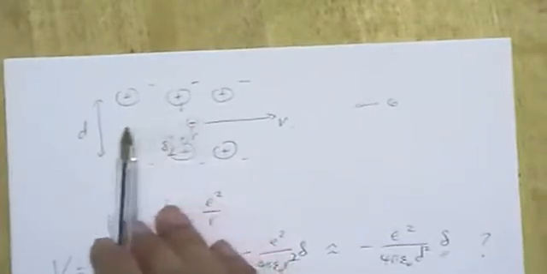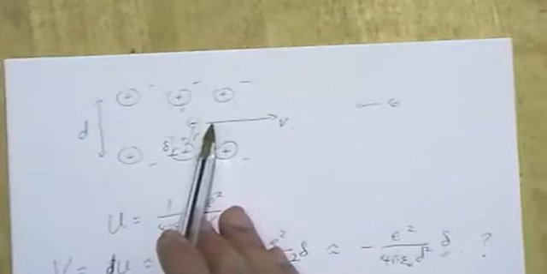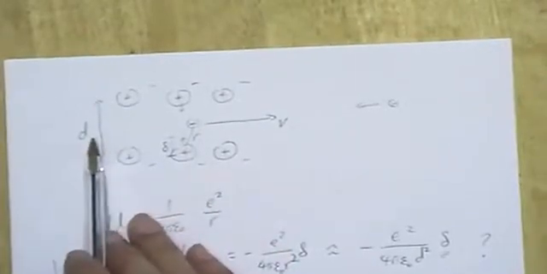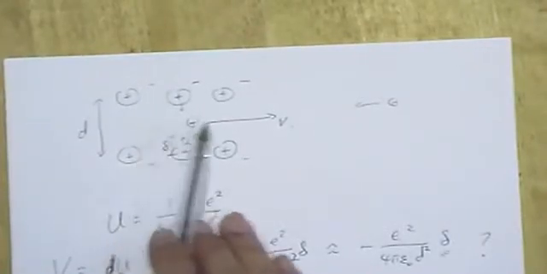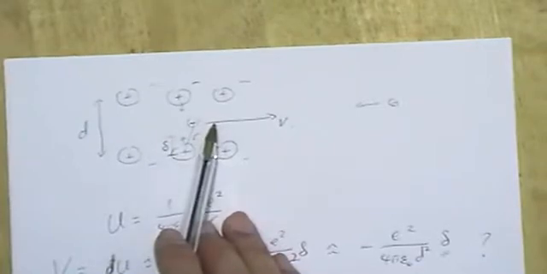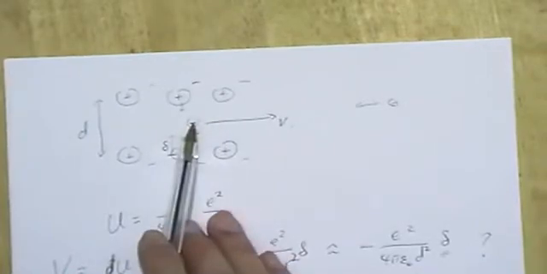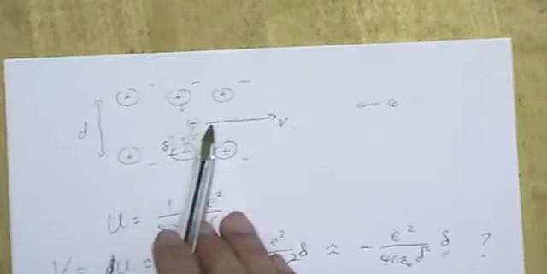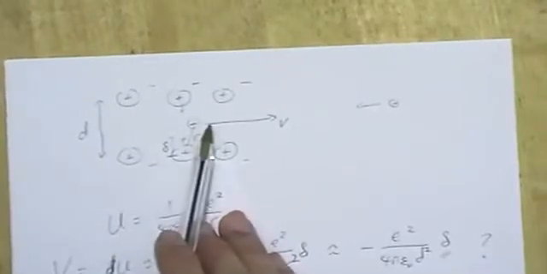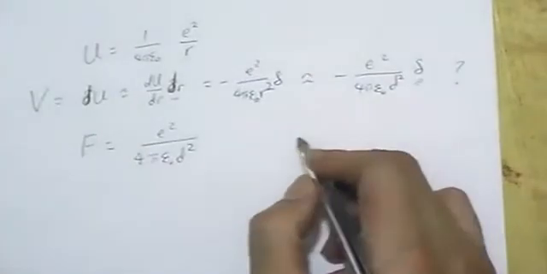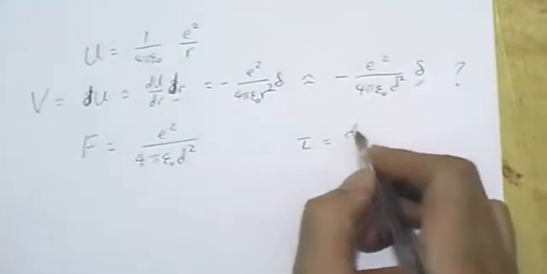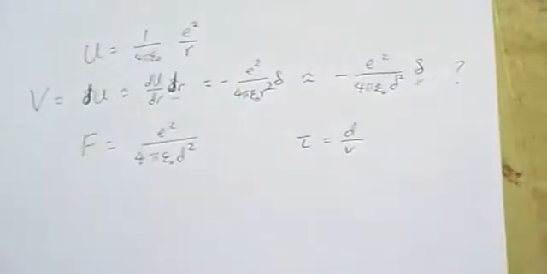So it's only when this is within a range of about d that its attraction is felt by this ion. So we could say that the time that the force will act for is roughly the time for this electron to travel a distance of about d. And in terms of the velocity v, that time, let's say tau, would be d over the velocity.